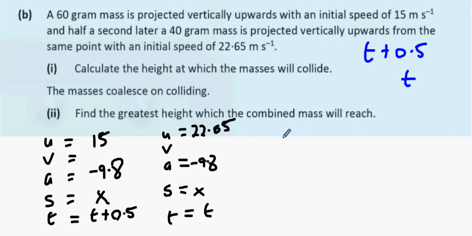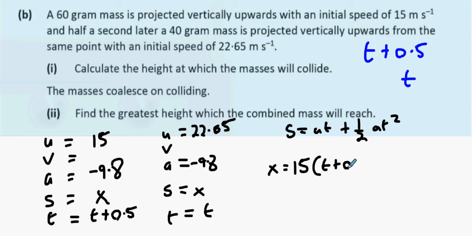What we can do is ut plus a half at squared. And what we can get is x equals 15 times t plus 0.5, plus a half 9.8 t squared, which is t plus 0.5 squared.